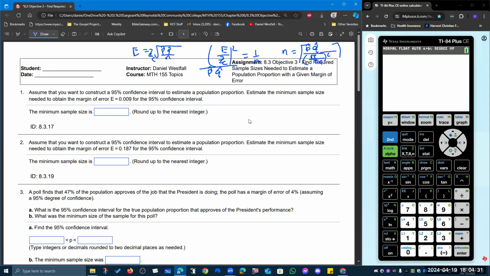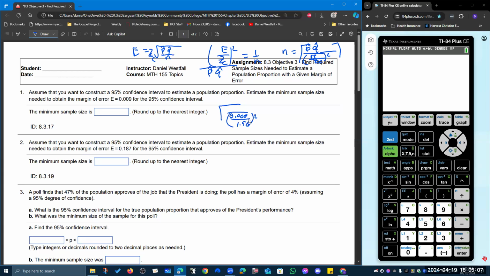So let's go ahead and figure this out here. E is 0.009 over z, which is 1.96.